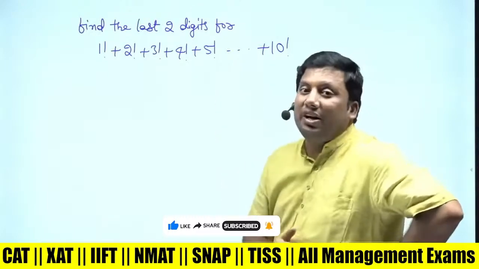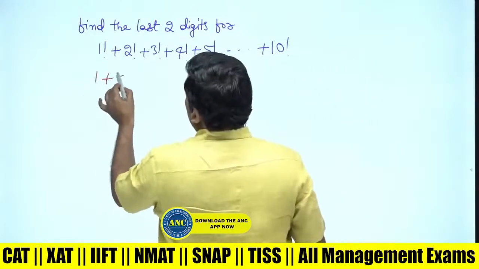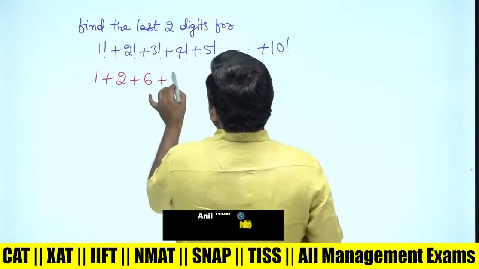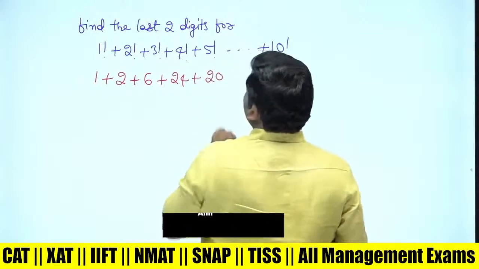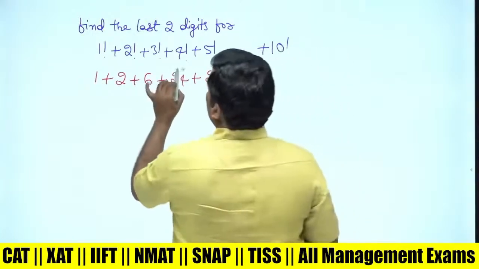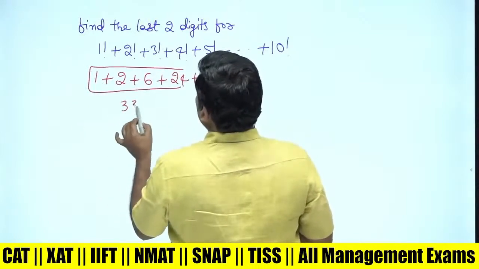We are interested in finding the last 2 digits. 1 factorial is 1, 2 factorial 2, 3 factorial 6, 4 factorial 24, 5 factorial 120. Till here we will do, sir. So here the unit digit is 3, and the last two digits are 33.